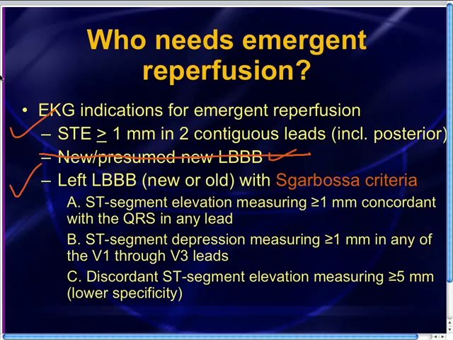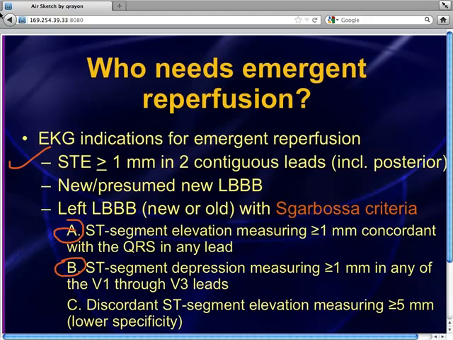And then most people are really starting to agree with and more and more support's coming out for the Scarbosa criteria A and B. And I think in the next set of guidelines, that's what we're going to be left with. Those are going to be the EKG criteria that take somebody to the cath lab.